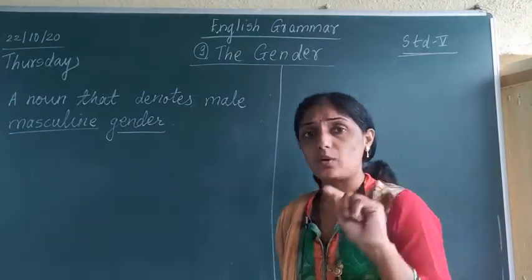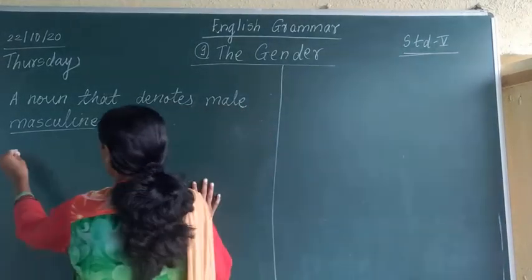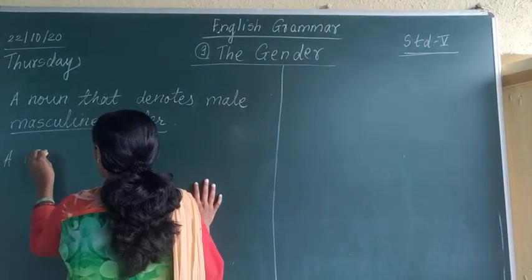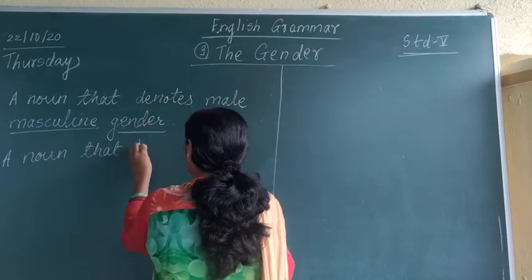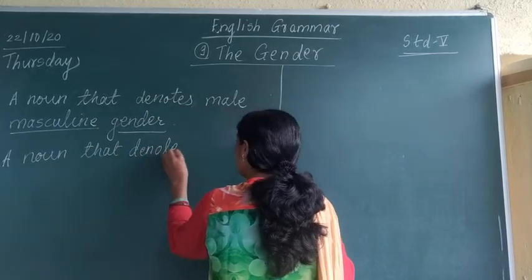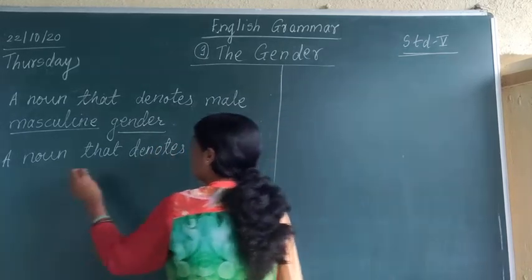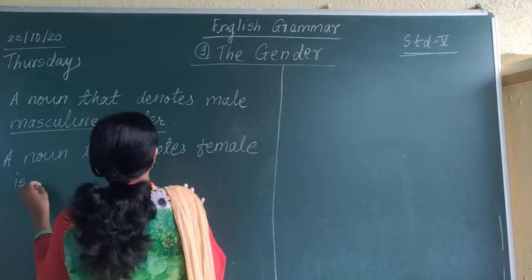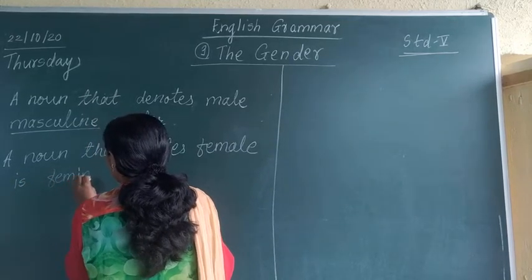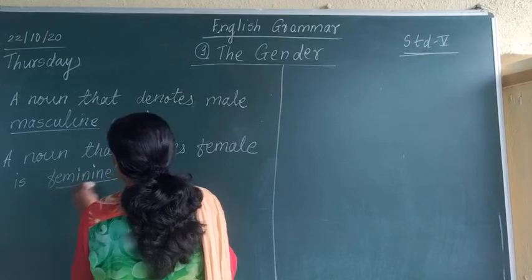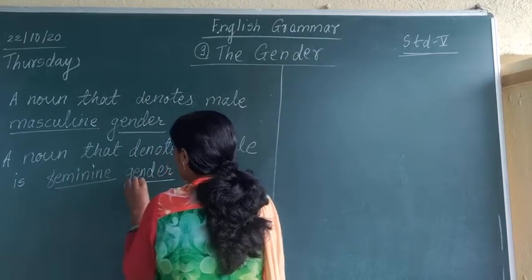Second one is the noun that denotes female. A noun that denotes female is feminine gender.